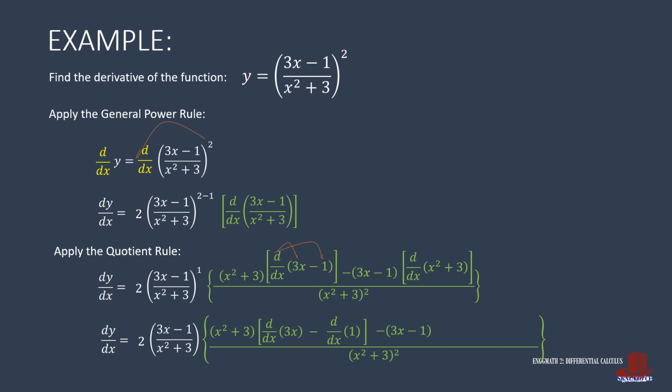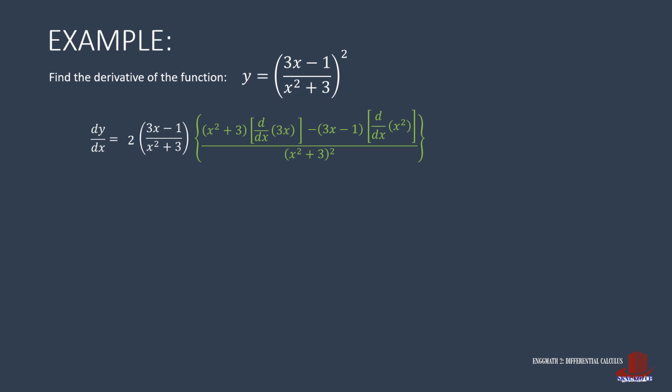Subtract to this the copied upper term with the distributed derivative of x squared with d over dx of 3. The derivative of constants are 0, thereby reducing the long function.